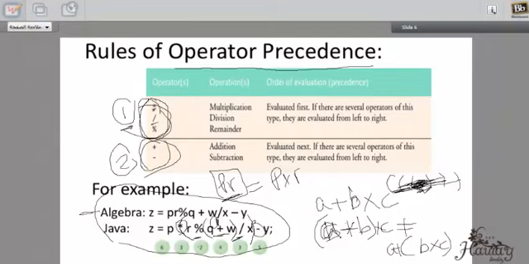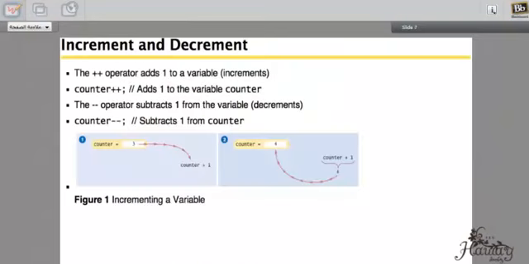Now let's proceed. Now we have something called increment and decrement. I think we came across it during our previous lectures, but we haven't talked about it because we didn't really take it until this moment. If you have a variable a, for example, a equals 4, this has got a value. If you say a plus plus, it means you're incrementing a, so a will become 5.